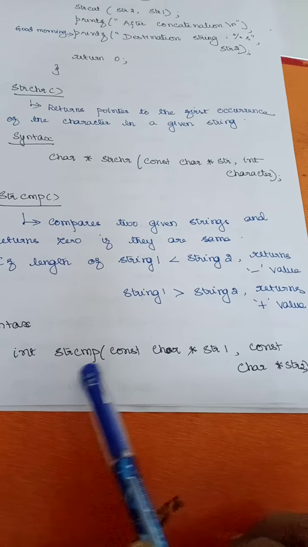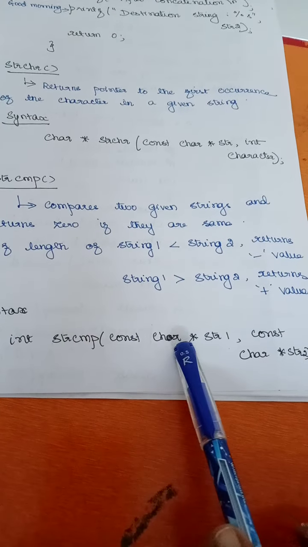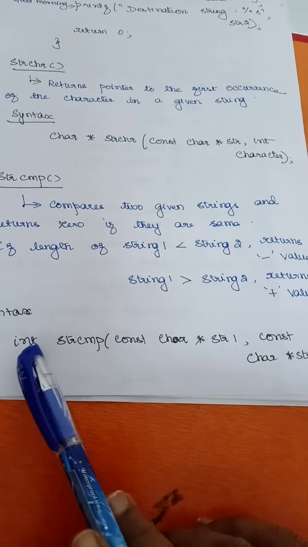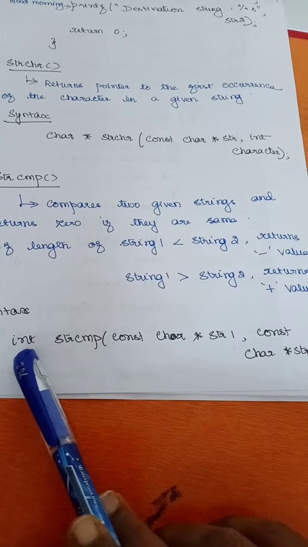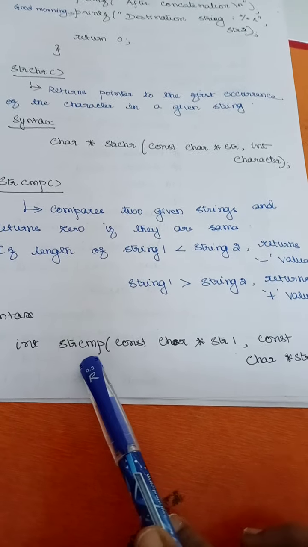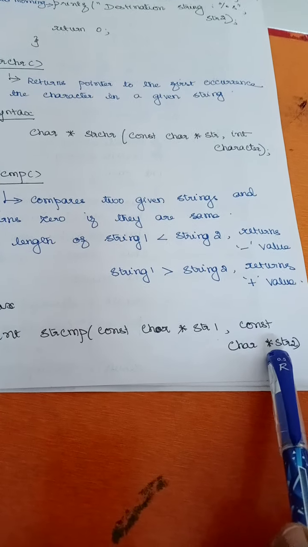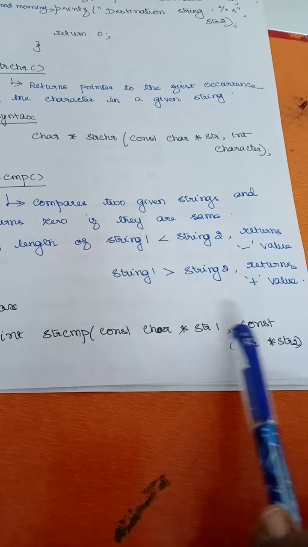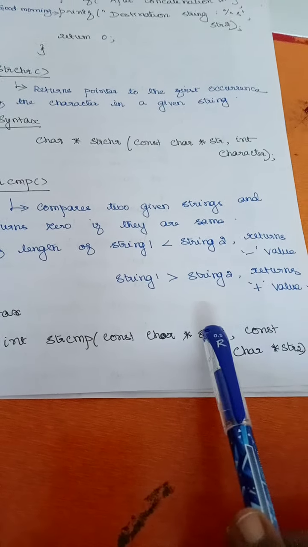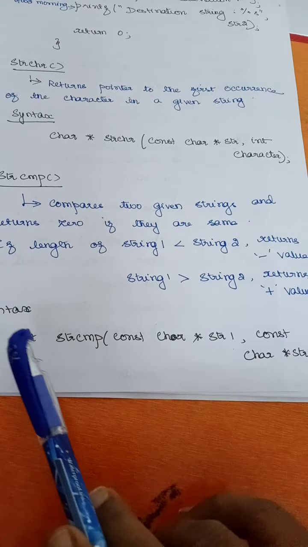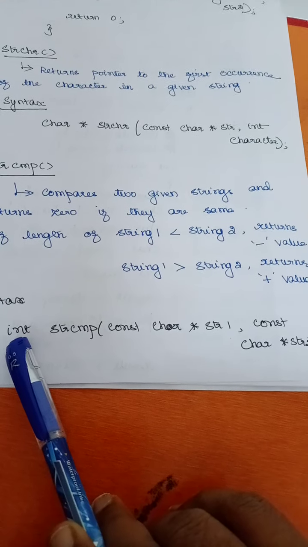So this is going to be the syntax. Don't worry about const char and all. Just assume that the return value is int, string compare, and here I am going to take str1 and str2, two strings. If both are equal, it is going to return a 0 value, that is int.